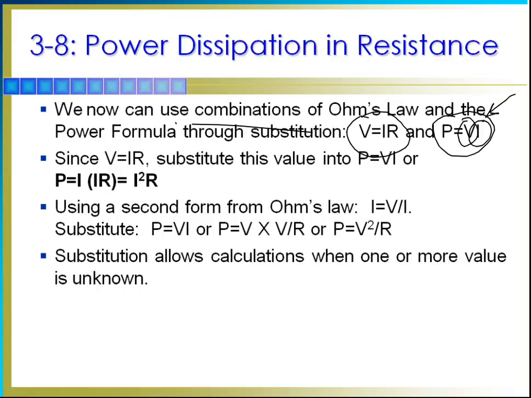So since voltage equals current times resistance, we can substitute this value for the V in the power equals voltage times current, so power equals current squared times R.